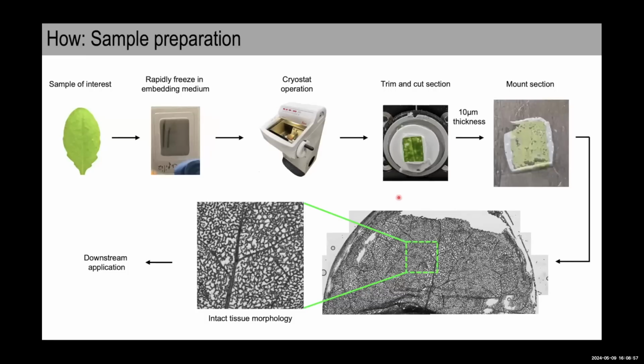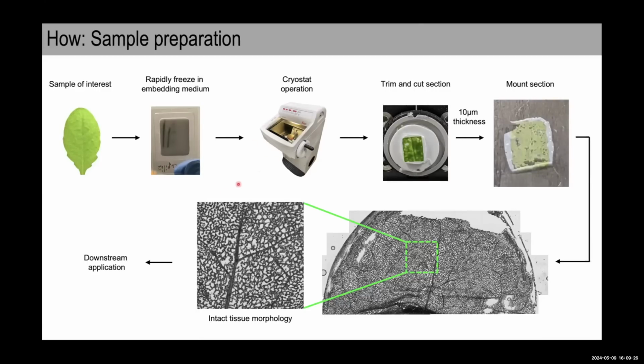So just as the general workflow, the how-to, like I mentioned, what you need for most of these assays that have been described earlier in the morning very nicely by our speakers, is these thin sections. That's a bit of a process, but really what that entails is just taking your sample, rapidly freezing it in some sort of embedding medium, and this is to preserve the integrity of the RNA that you'll be looking at downstream.